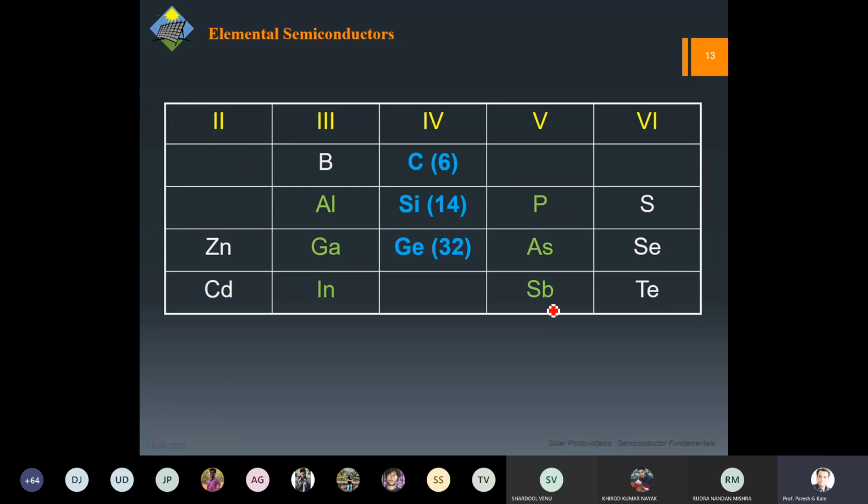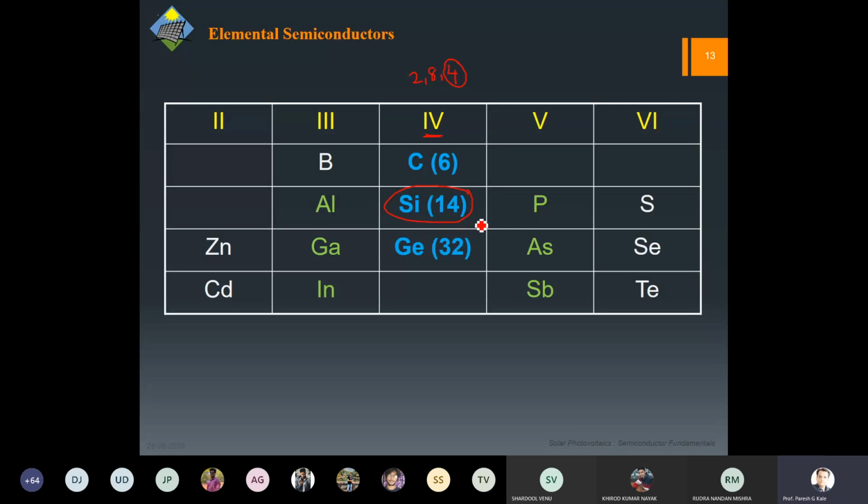Of course, we are talking about semiconductors, so we have some elemental semiconductors. Obviously, for silicon, with electronic configuration 2, 8, 4, the valency is 4. It means that neither does it have electrons to give, nor does it need just one electron to complete the outermost orbit. So silicon is 14.